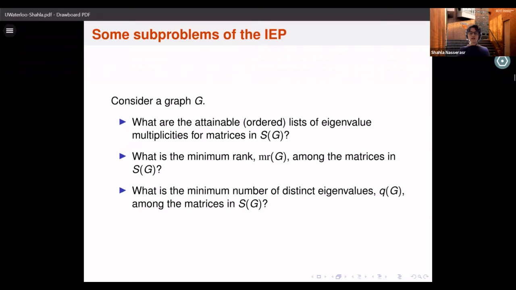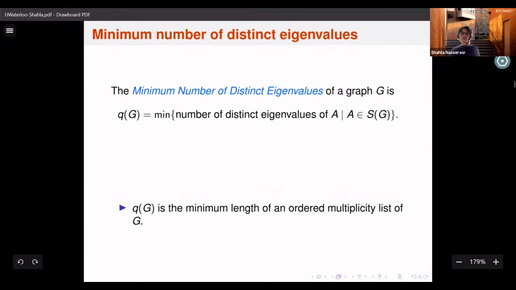And that's exactly the minimum number of distinct eigenvalues, which is q of G, and that's what I'm going to talk about in this talk. So q of G is defined to be the minimum number of distinct eigenvalues of matrices in S of G. And from now on, I'm going to show you some of the results that we know about this parameter.